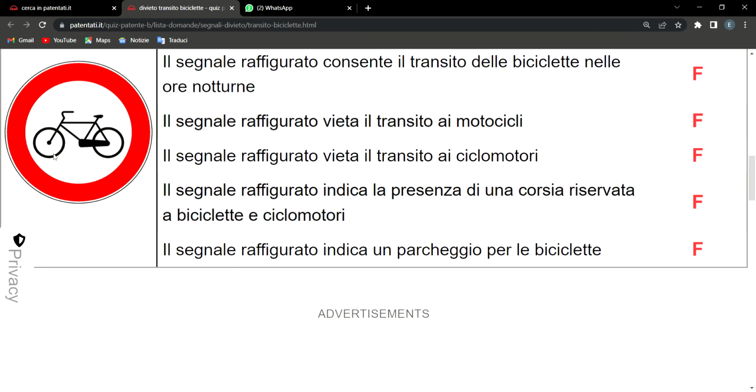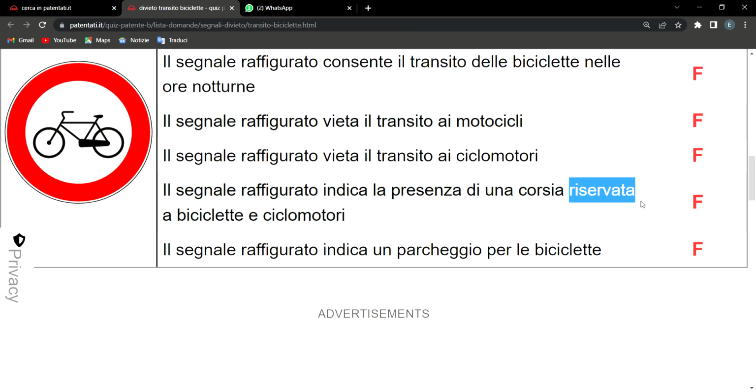So another question again says, il segnale raffigurato indica la presenza di una corsia riservata ai bicicletta e ciclomotore. He's saying that this very sign, when you see something like this, corsia is a normal road. He's saying that this sign is placed on a road that is riservata.